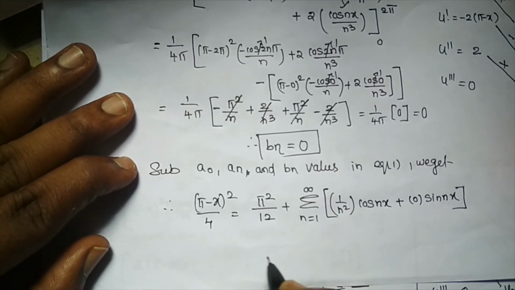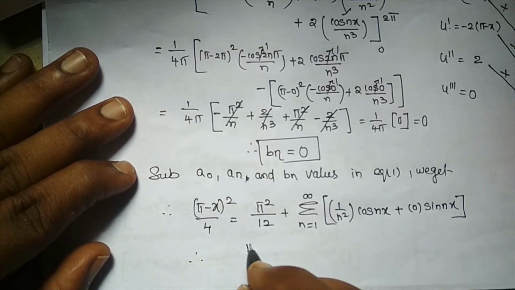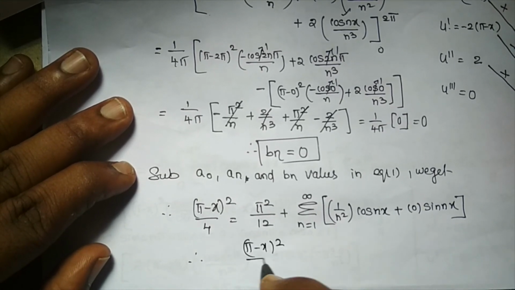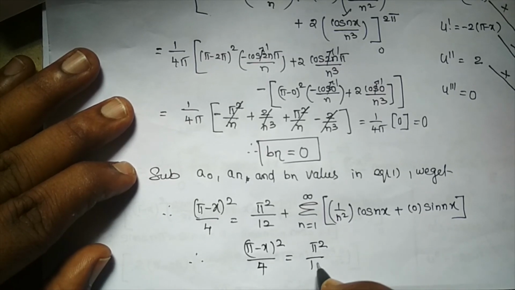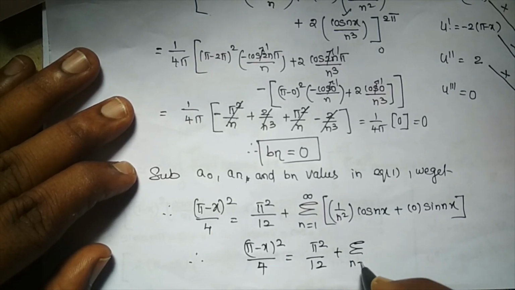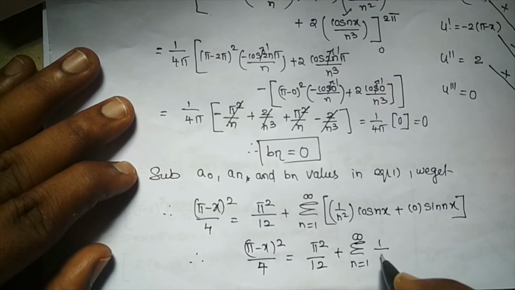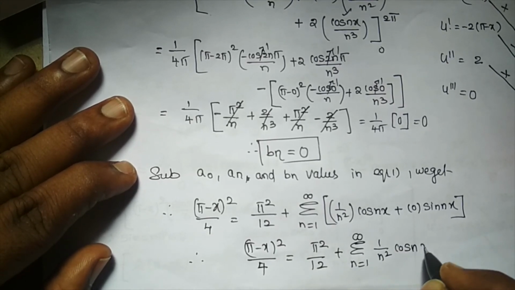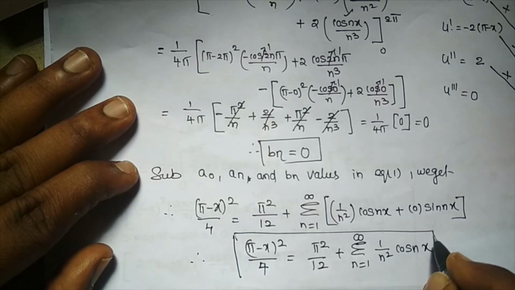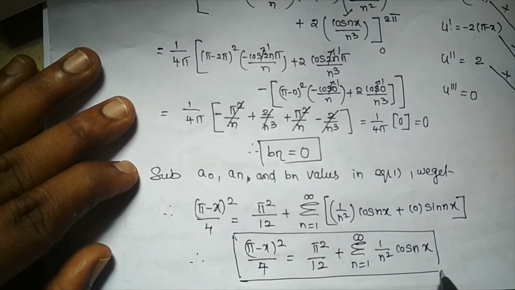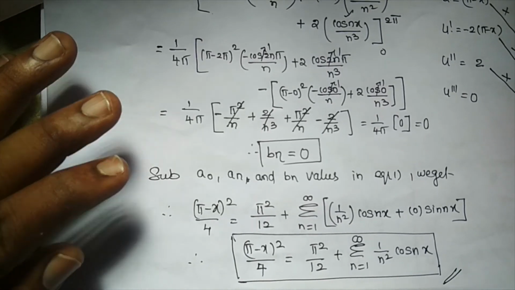Therefore the simplified answer is pi minus x whole square by 4 is equal to pi square by 12 plus the summation from n equal to 1 to infinity of 1 by n square into cos nx. This is the Fourier series for the given function f of x. Thank you.